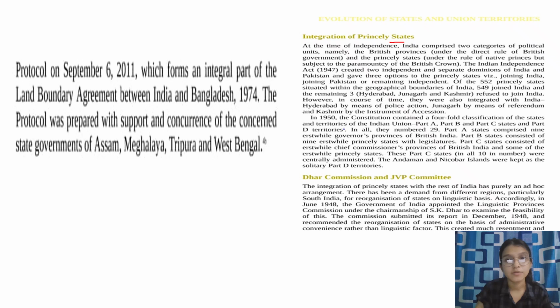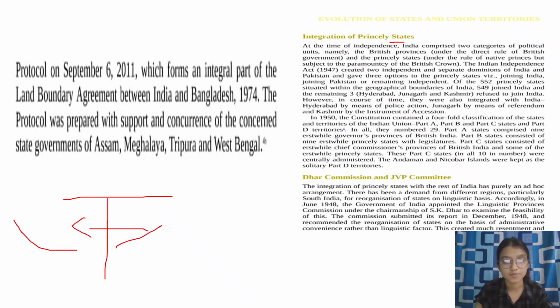At the time of independence, India comprised two categories of political units, namely the British provinces under the direct rule of the British government, and the princely states under the rule of native princes but subject to the paramountcy of the British crown. So there were two types of units governing us. One directly from the British Parliament, under the British Parliament.